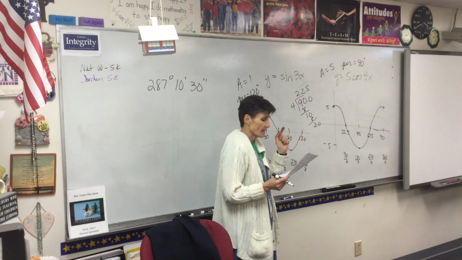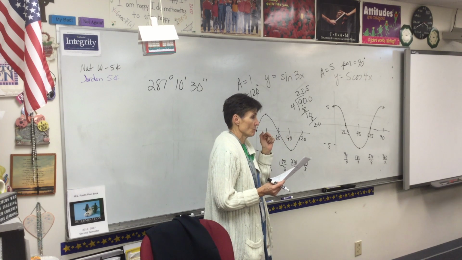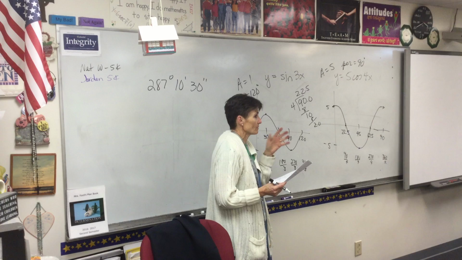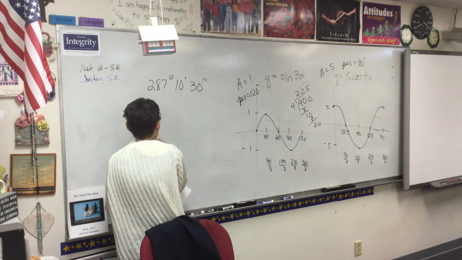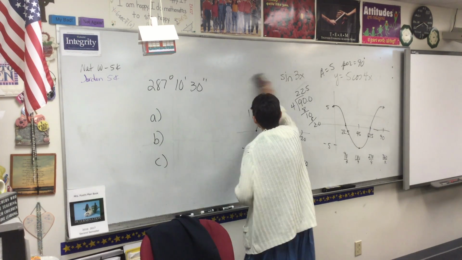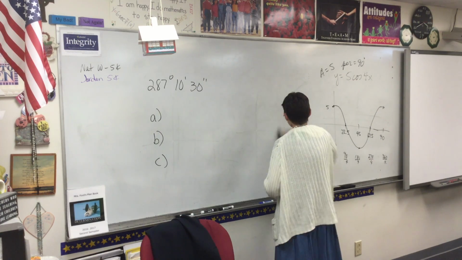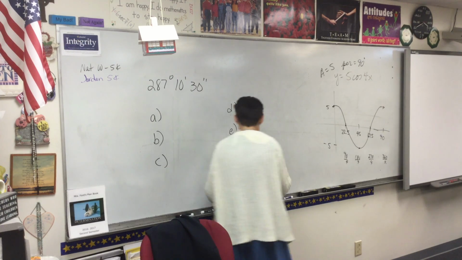A, C, and E. How do I know? There's no degree marks. Couldn't be easier. So I'm going to hold off on A, C, and E. And I'm going to go ahead and do the degree ones since that's the way my calculator is set right now. So I'm going to type in all the degree ones.